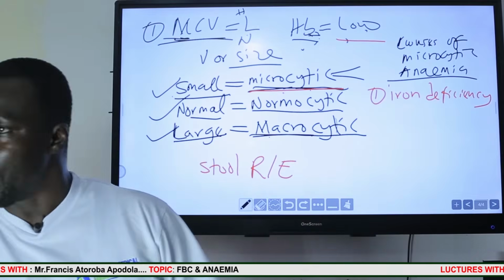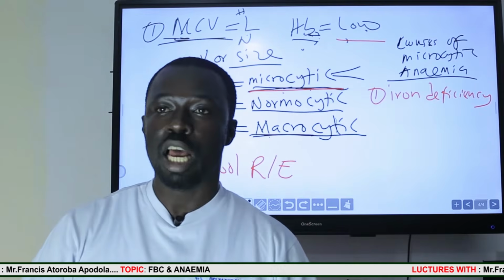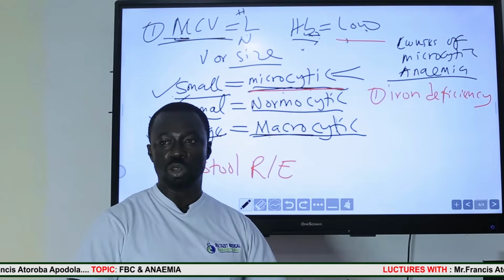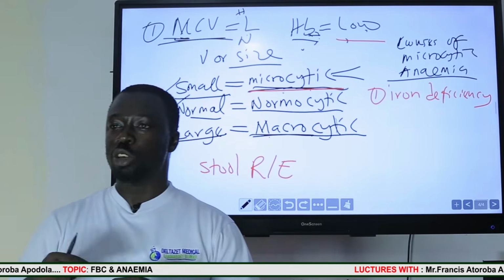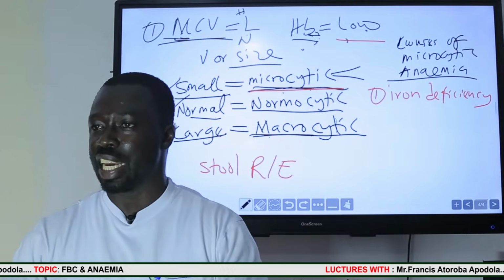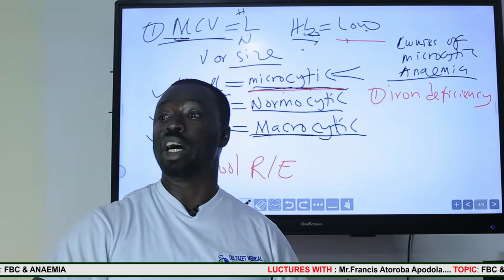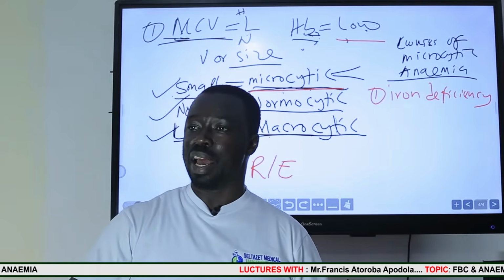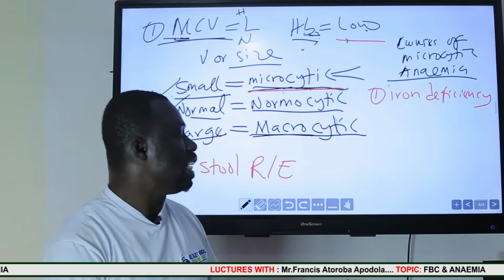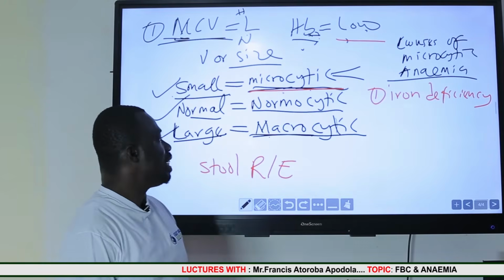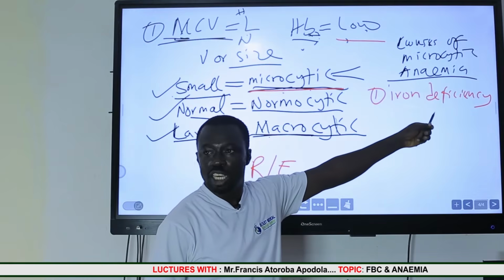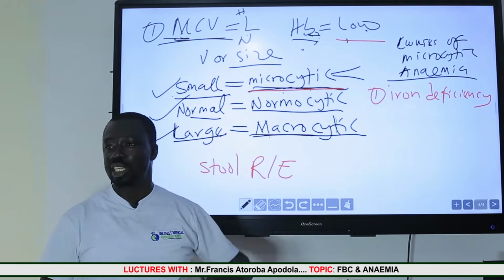So if you lost a red blood cell, you have lost iron. And so if the patient is urinating blood, or the urine color is red, it suggests that red blood cells are coming into the urine. And once red blood cells are going into the urine, then it explains why there is possible iron deficiency and hence microcytic anemia.